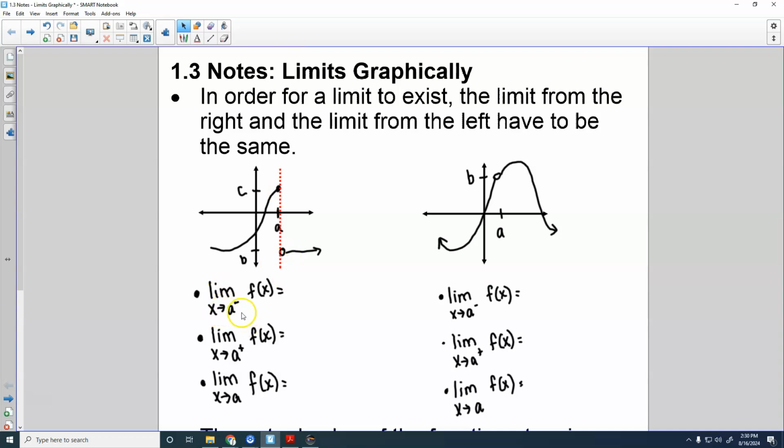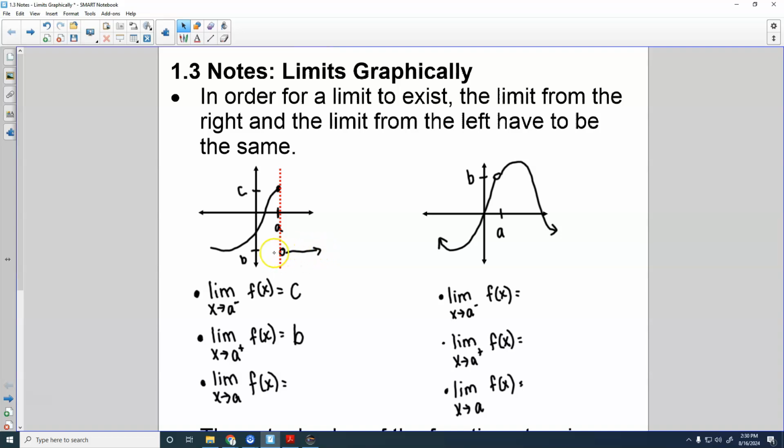As I approach a from the left, what is my limit? C. Okay, what about as I approach a from the right? It is B.